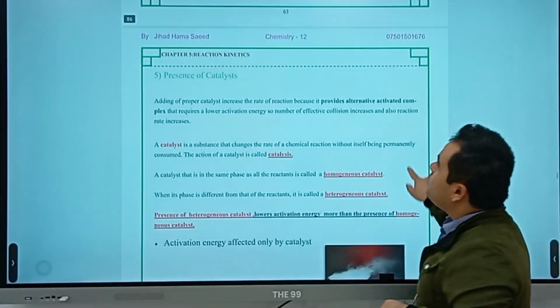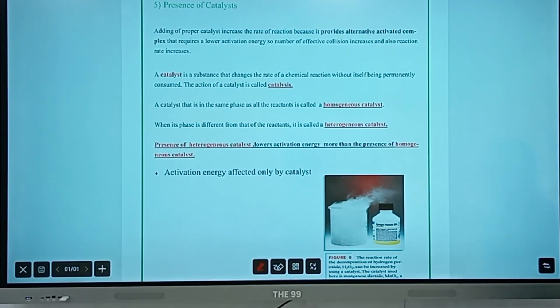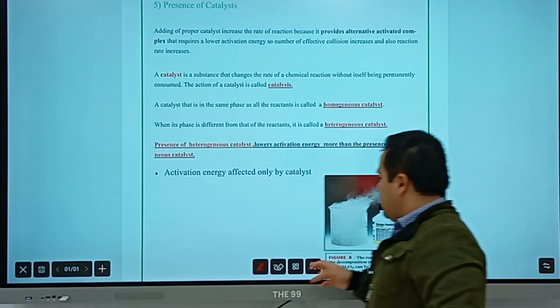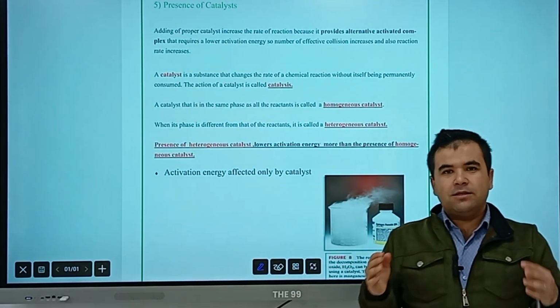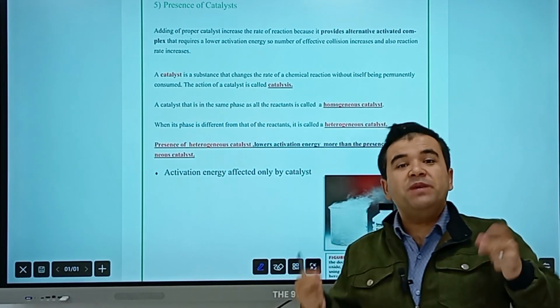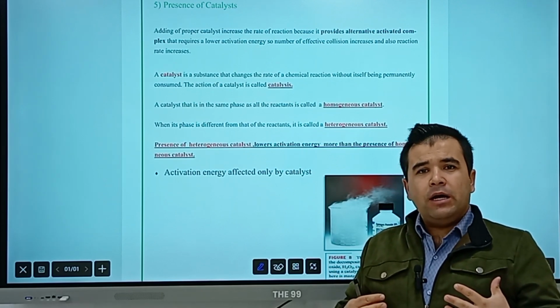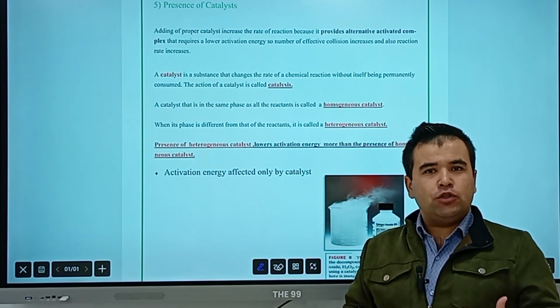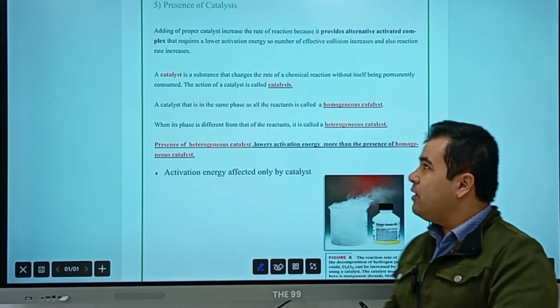The last factor is the catalyst. Guys, previously you have studied the catalyst. A catalyst is a chemical that speeds up the reaction, but itself is not a part of the reaction or not participating in the reaction as a reactant.